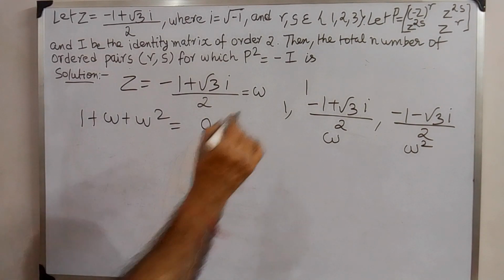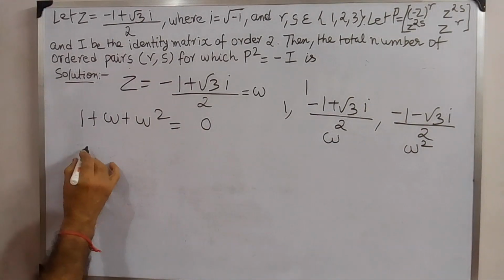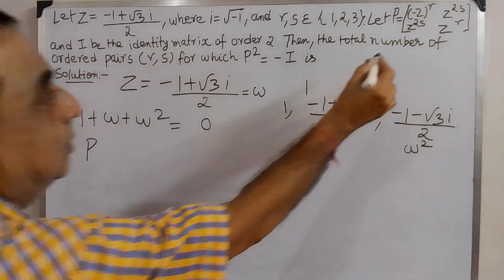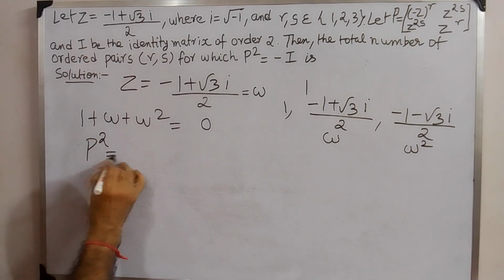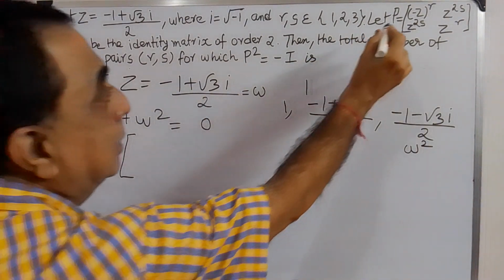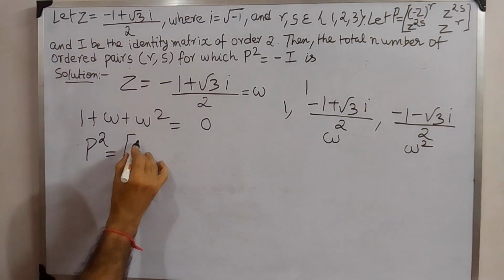Now see here, P is given to be this square matrix. So what will be P squared? P squared will be this matrix into this matrix.